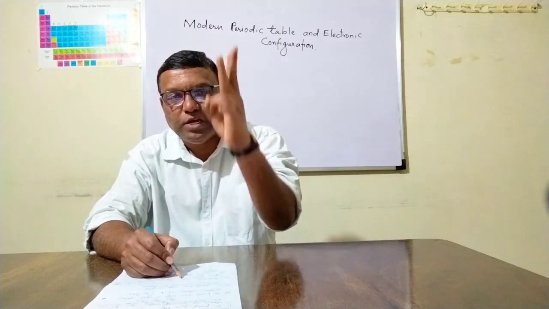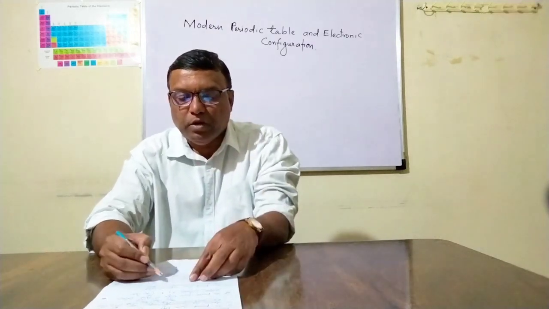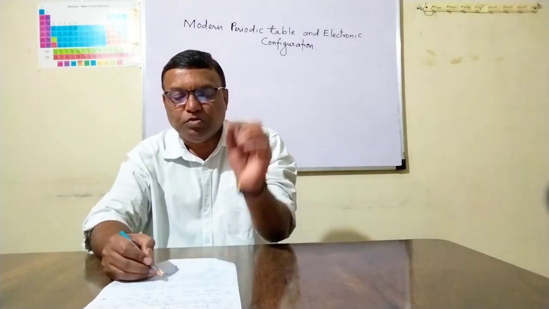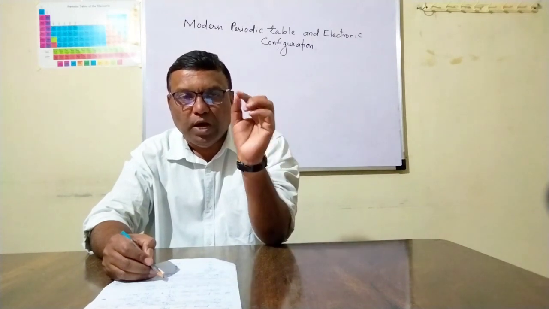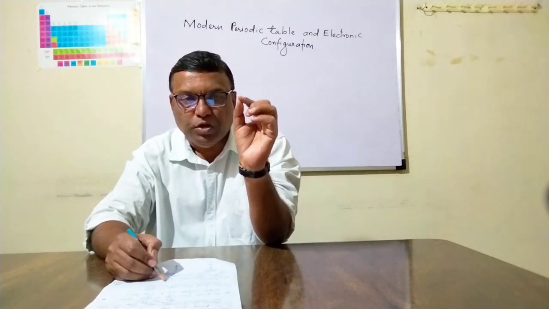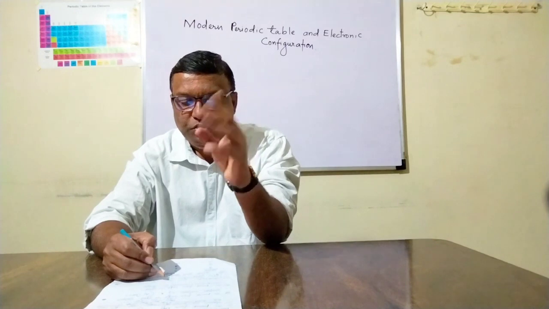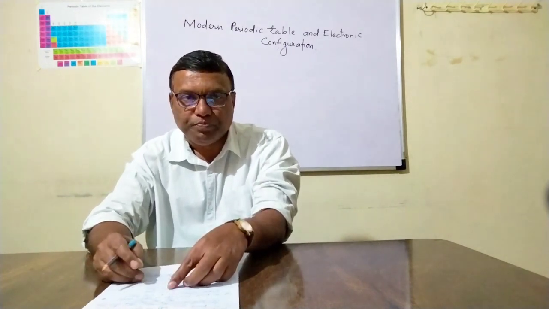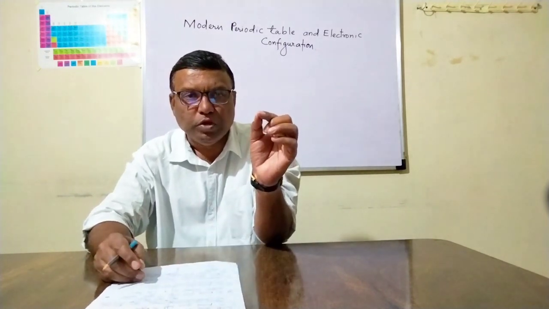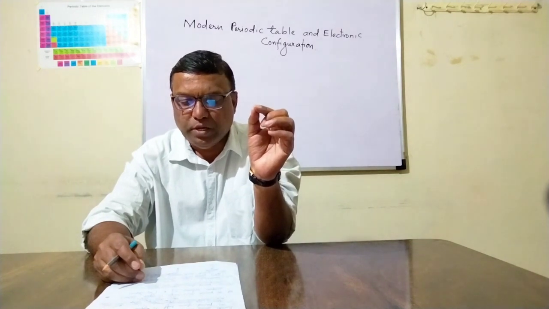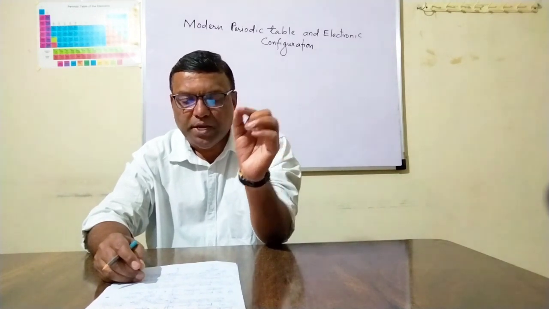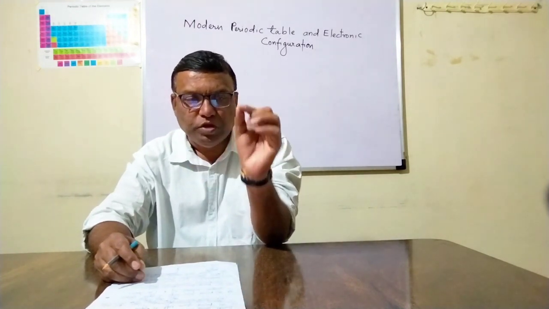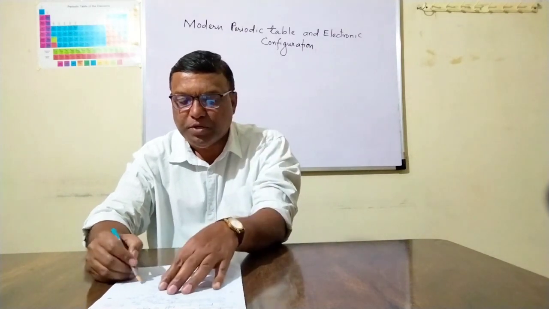Again 3 shells, 3 orbits are there. Silicon, electronic configuration 2, 8, 4. Again, in silicon, 3 shells are present. Phosphorus, electronic configuration 2, 8, 5. In phosphorus, 3 shells, 3 orbits are present.